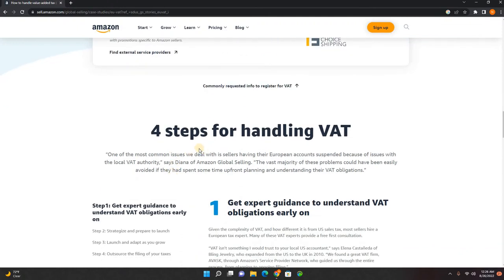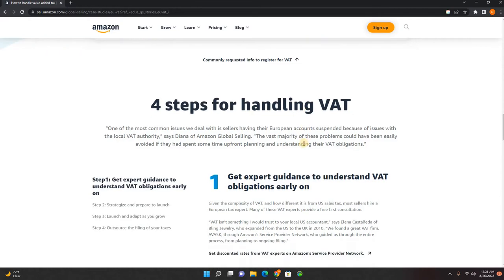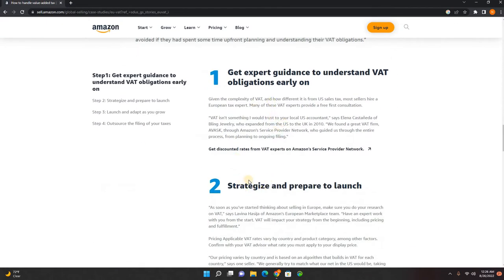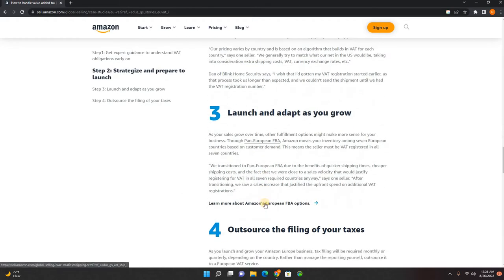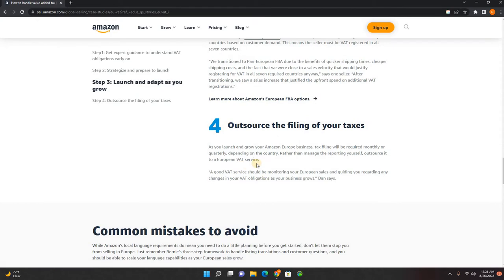Step number 4 is handling the VAT, so you can check from here. Number 1, number 2, number 3, number 4.